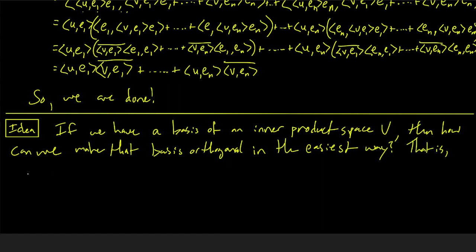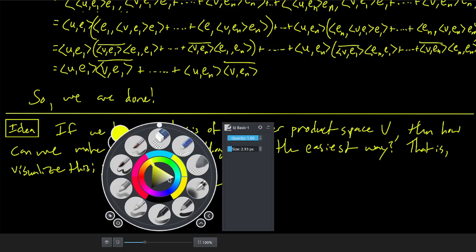That is, let's draw the picture. So here's kind of the picture of it. Maybe we're sitting in R2, and here's V1, and here's some V2. Suppose this is the basis for R2 that we're going to deal with.